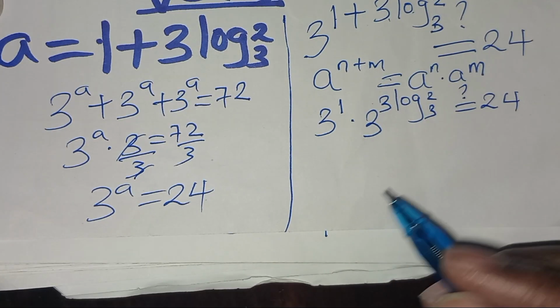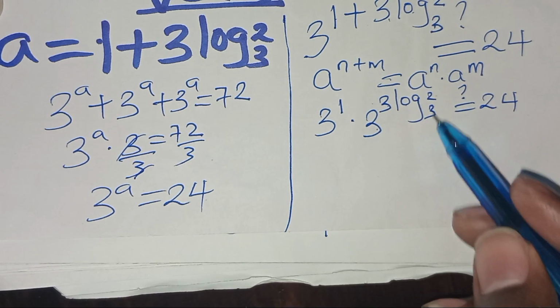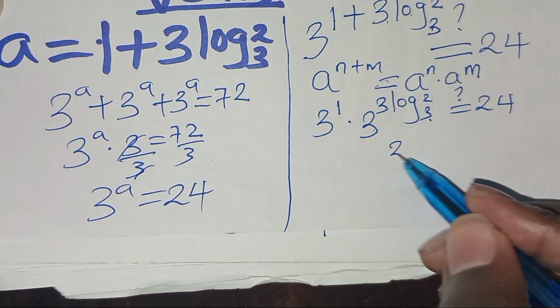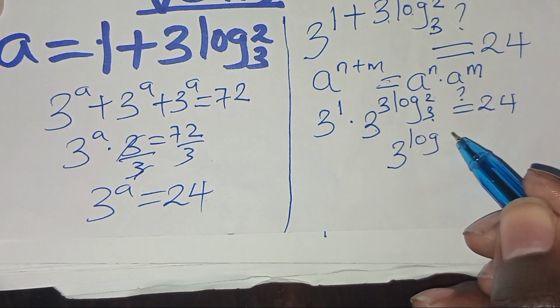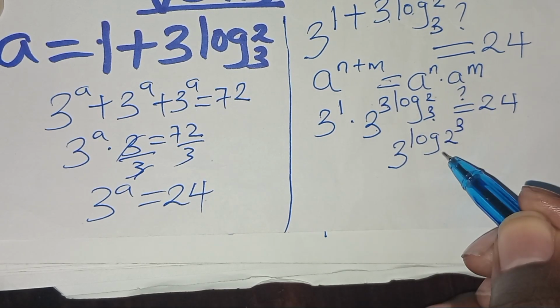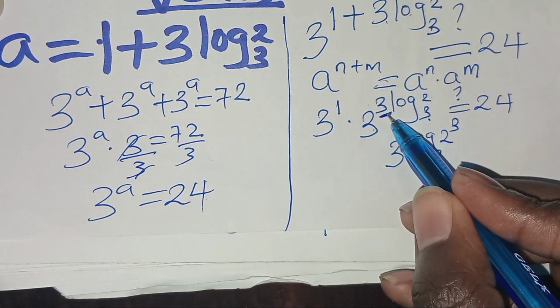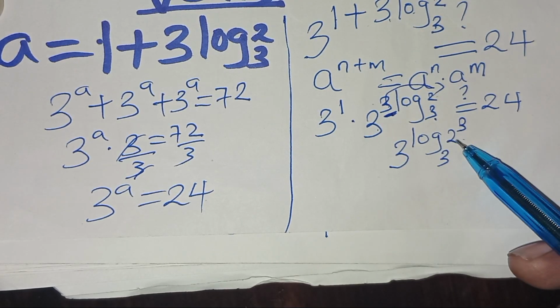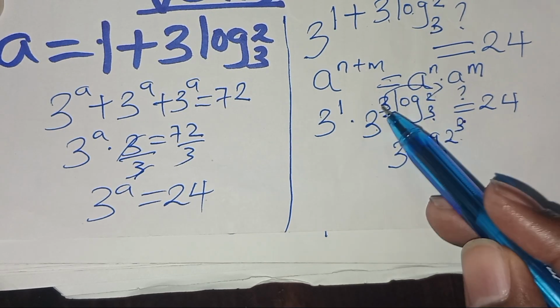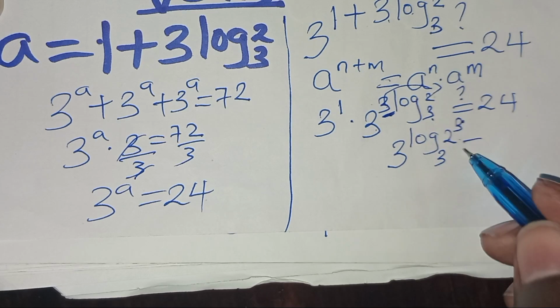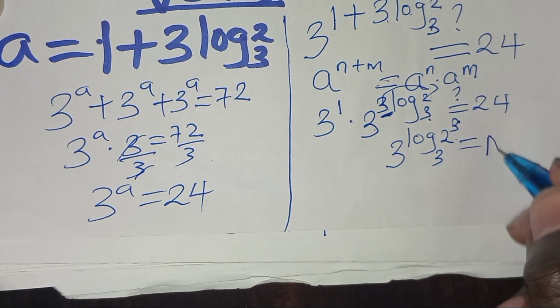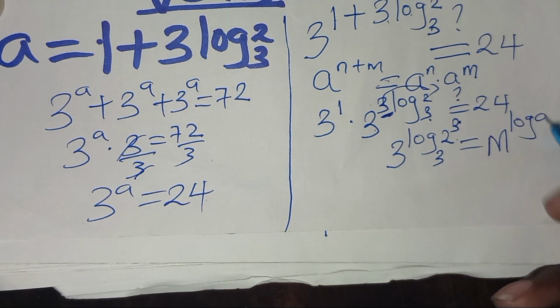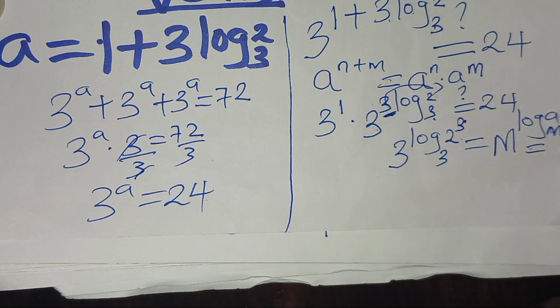Now, we have that 3 to the power 3 log 2 to base 3. This is the same thing as 3 to the power log 2 to the power 3 to base 3. Now, this is a power, all right? So that's why you have 2 to the power 3. So, actually, this is in the form of m to the power log a to base m, which is equal to a.